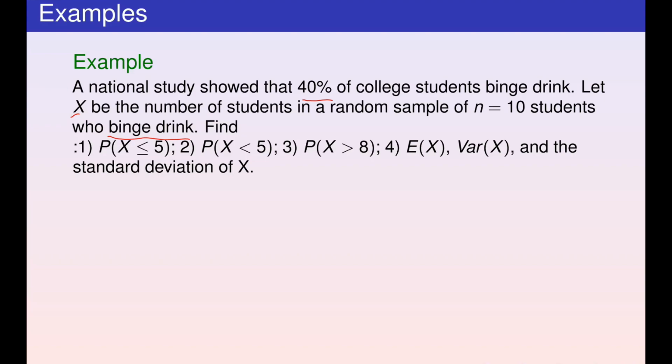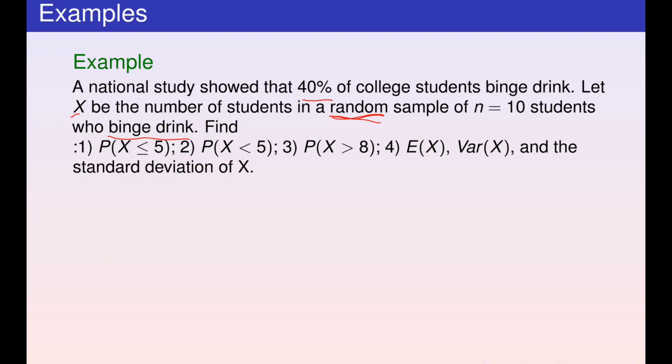And here we have a random sample of n equals 10 students. Random sample means they are independent of each other, and they share the same probability of binge drinking. So you first have to figure out what kind of distribution X has.